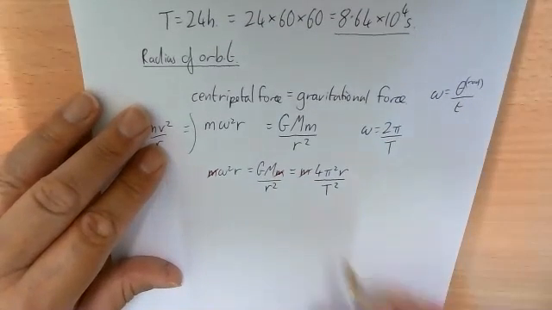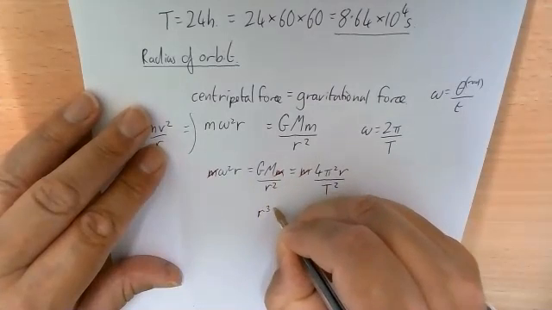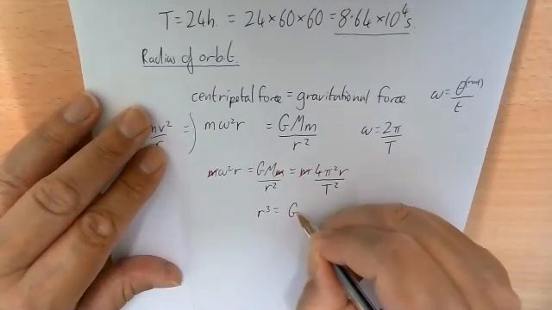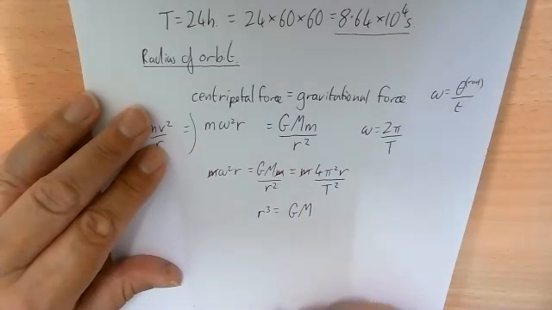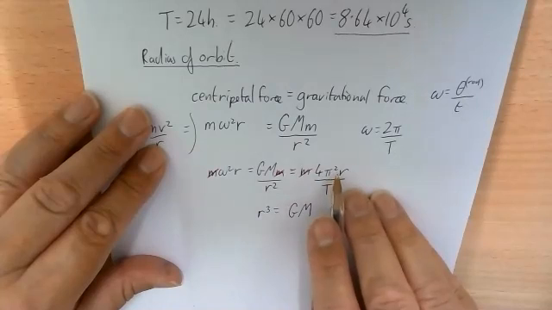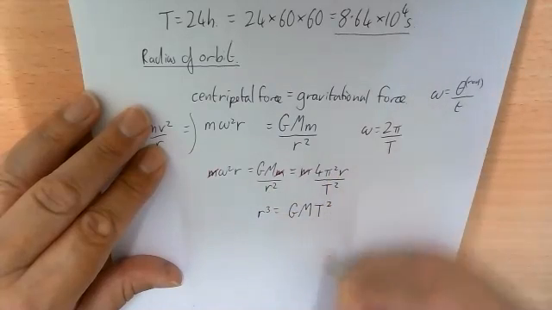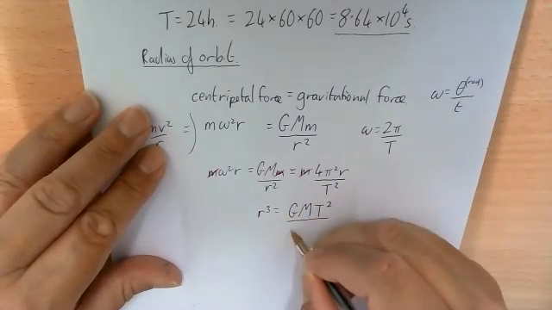If we want to work out the radius and rearrange, we get r cubed is equal to the gravitational constant times the mass of the Earth. Now r squared's gone up there, so we multiply both sides by T squared, and divide both sides by 4 pi squared.